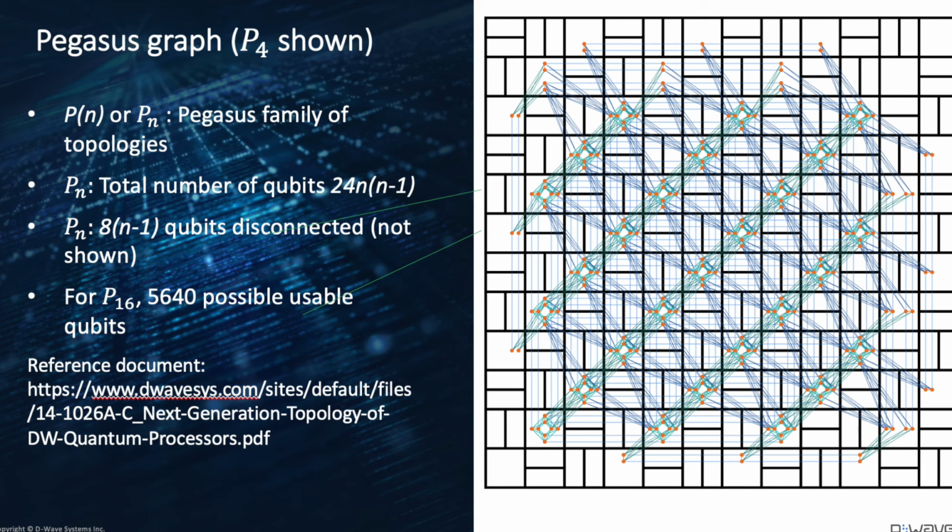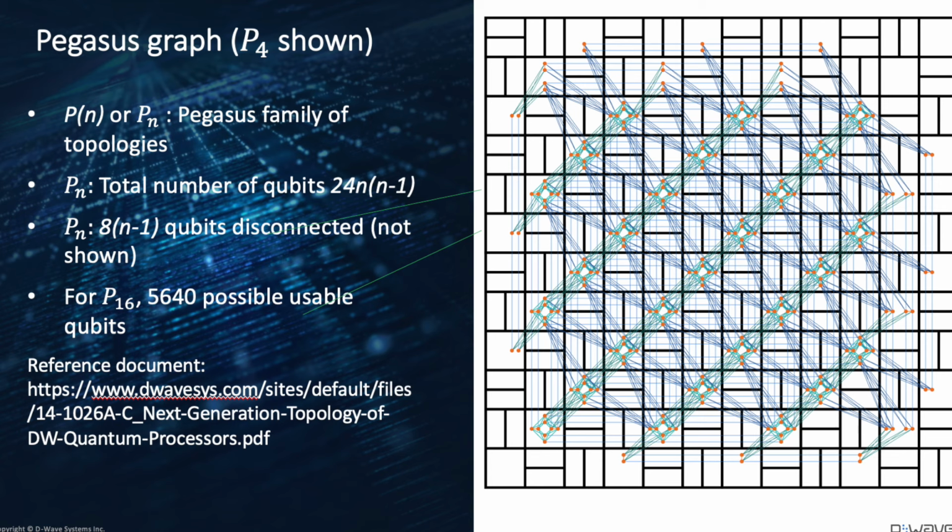And the family of topologies in this case is called Pegasus, which is written P of n, or P sub n, with a total number of qubits equal to 24 times n minus 1. Now one interesting thing that we're not showing is that the qubit layout actually has some qubits that are disconnected and not in use mathematically, so we'll ignore those.